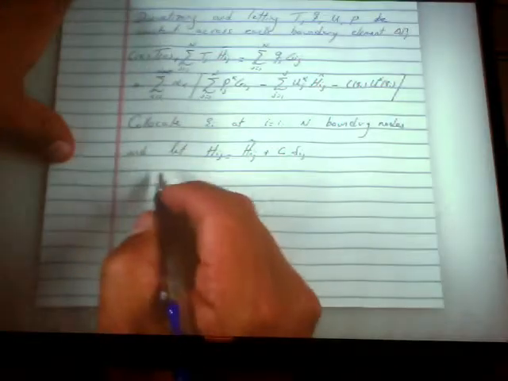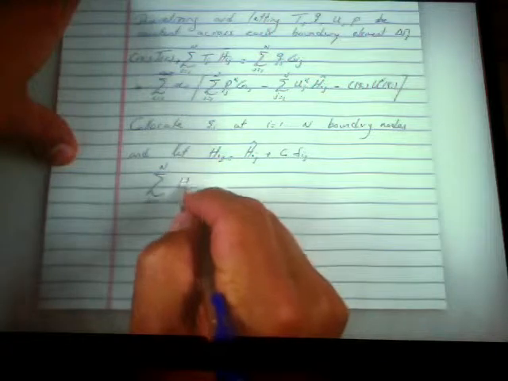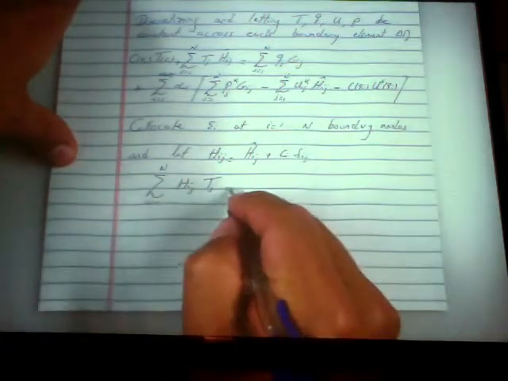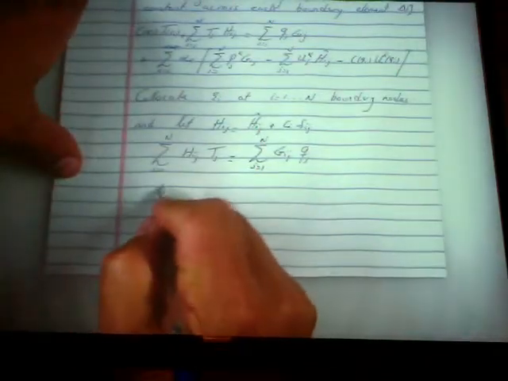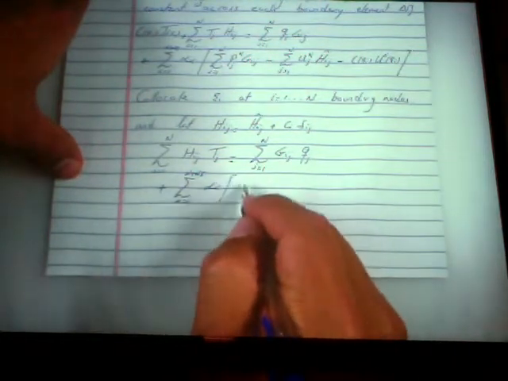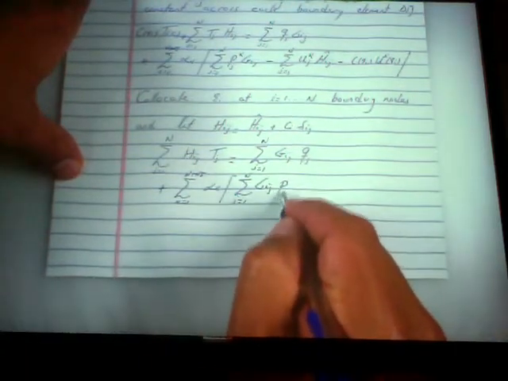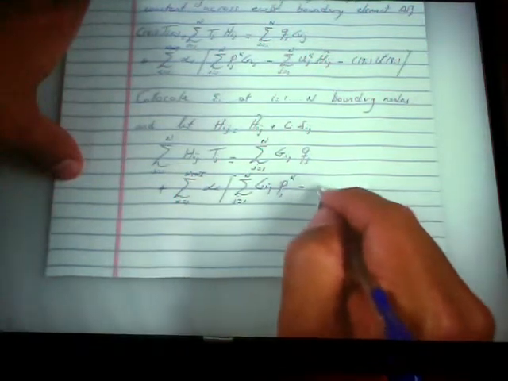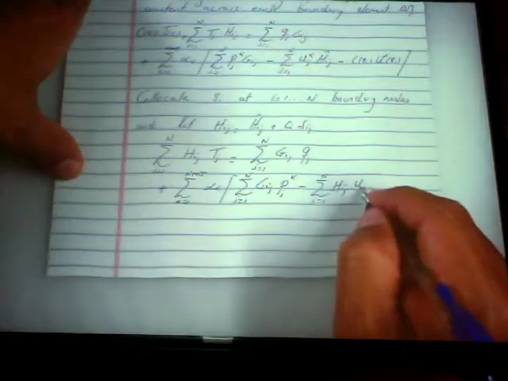So we have summation from j equal 1 to n of hij times tj is equal to the summation from j equal 1 to n of gij times qj plus summation from k equal 1 to n plus ni of alpha k of the summation from j equal 1 to n of gij times p j k minus summation from j equal 1 to n of hij times uj. Okay.